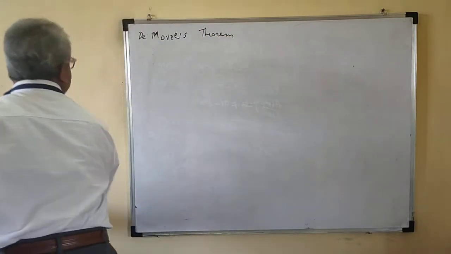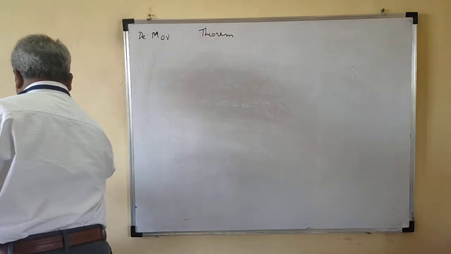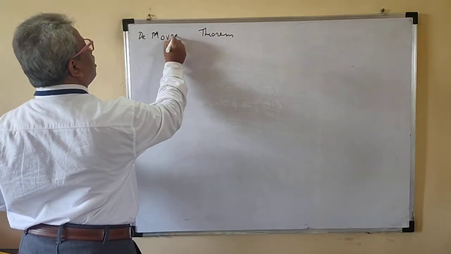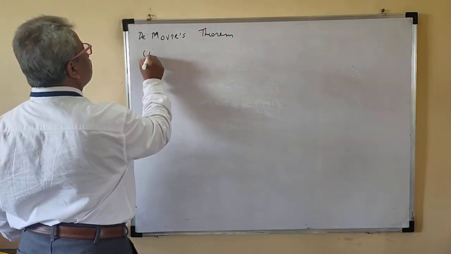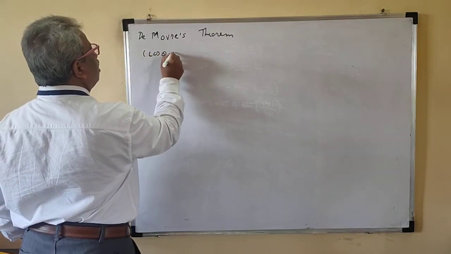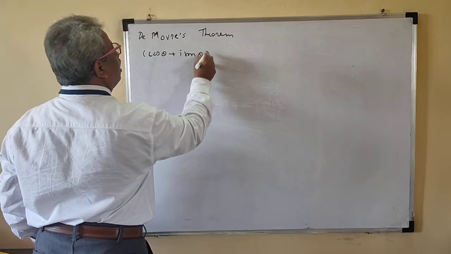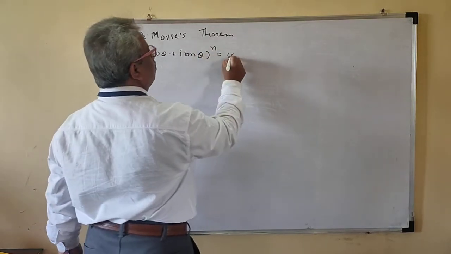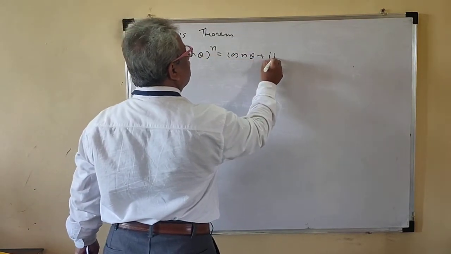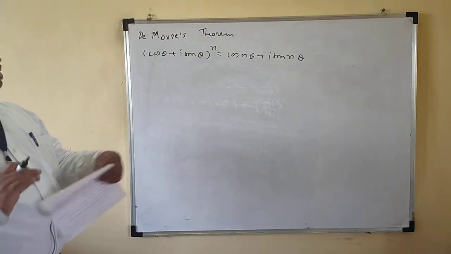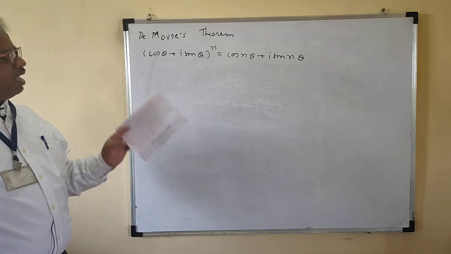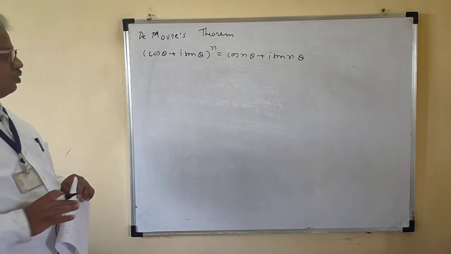Cos theta plus i sin theta to the power n is equal to cos n theta plus i sin n theta, whatever n may be. It may be real, natural, or integer.